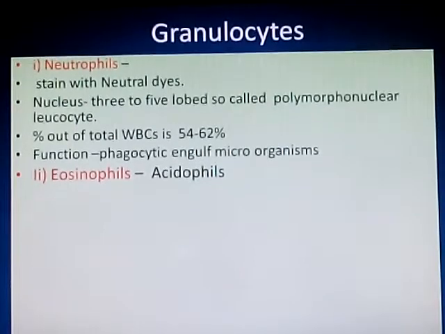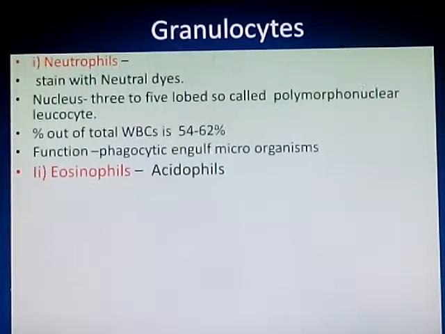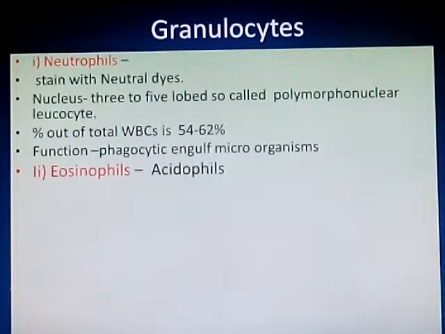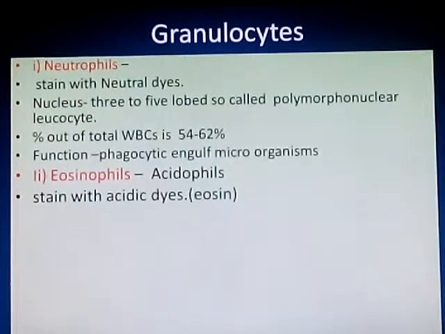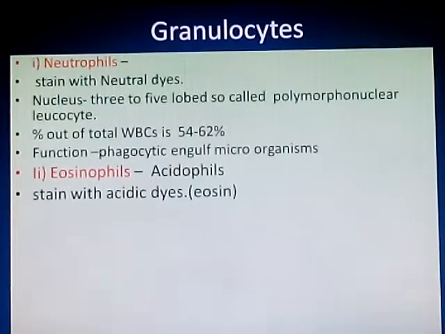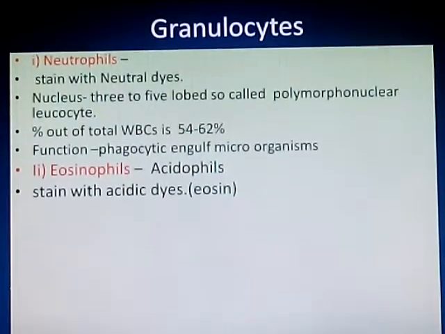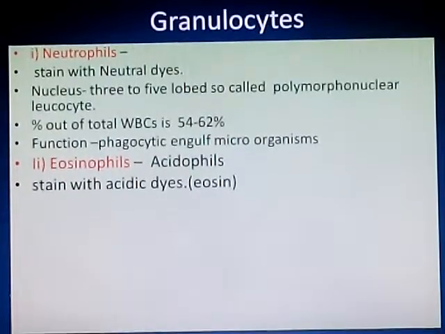Then the second type, eosinophiles, also called acidophiles. Why acidophiles? Because this granulocyte can be stained with the help of acidic dye. Why eosinophile? The name of this acidic stain is eosin, so we say eosinophile. So the first point in regard to eosinophiles is what?